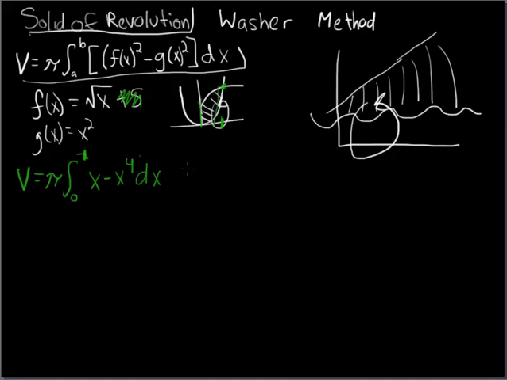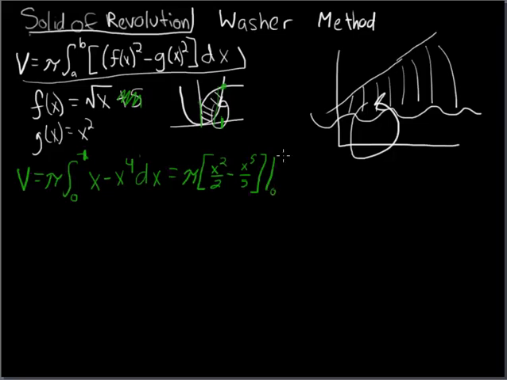We'll just take the antiderivative of this, and it equals pi times the integral of x, which is x squared over 2, and the integral of x to the 4th is x to the 5th over 5, but there's a negative, so negative x to the 5th over 5. And that is from 0 to 1, we said.